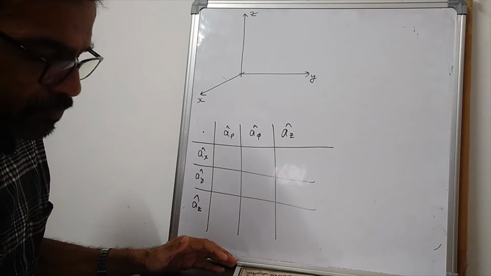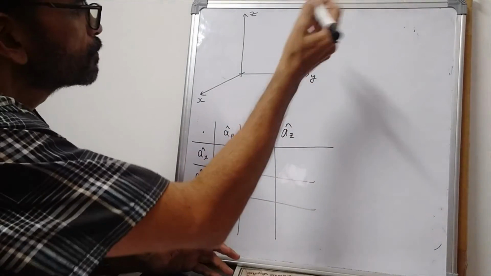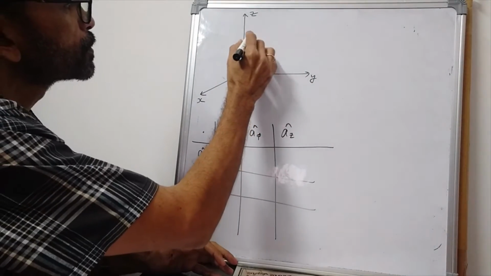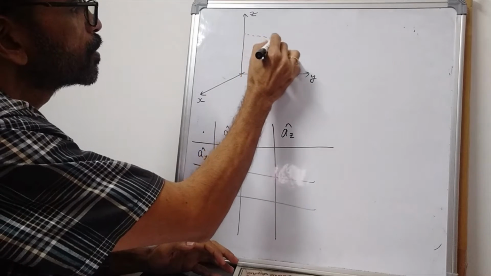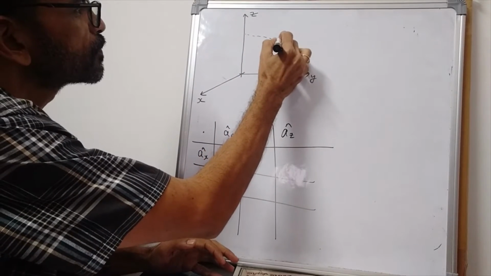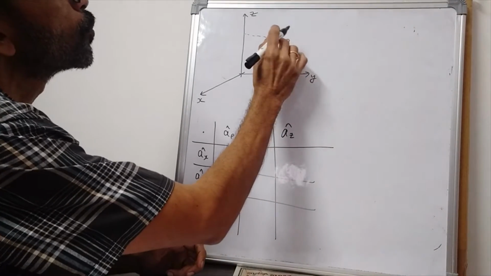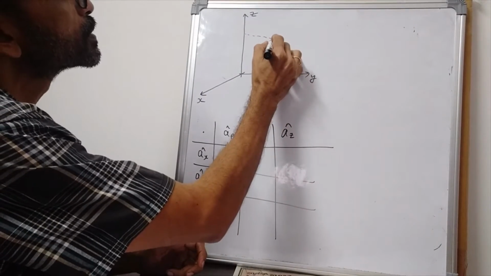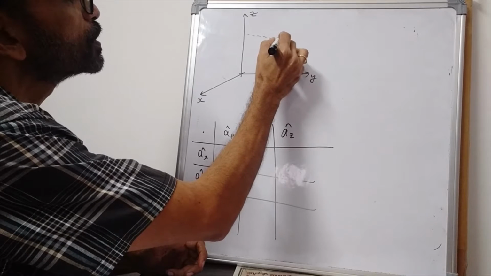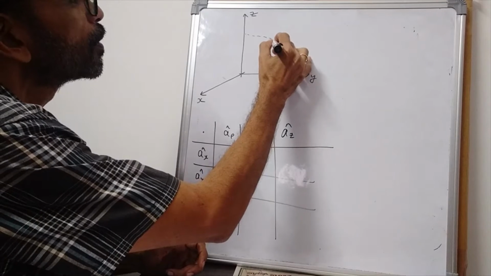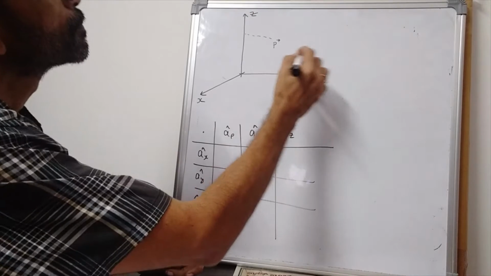And if I choose an arbitrary point P somewhere here, say, then let me call this the point P. Let me write it down here.